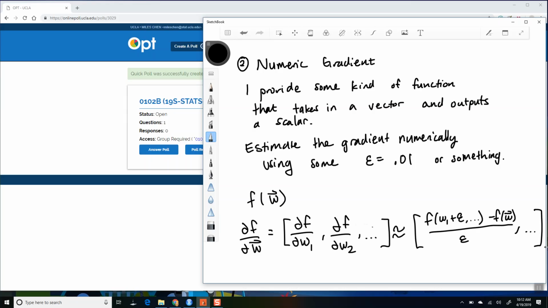Anyway, telling you too much, but numeric gradient estimation, I'm thinking of that. So obviously you'll need a calculator. Bring a calculator.